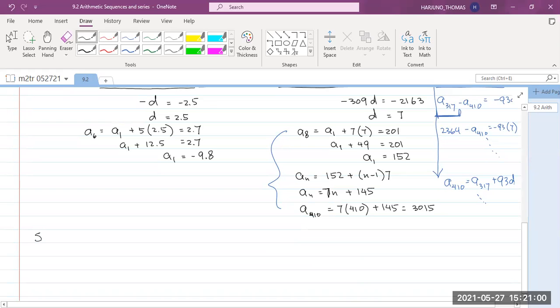Series. Let's define S sub n to be the nth partial sum, which means the sum of the first n terms. And this S sub n is not only for arithmetic series.